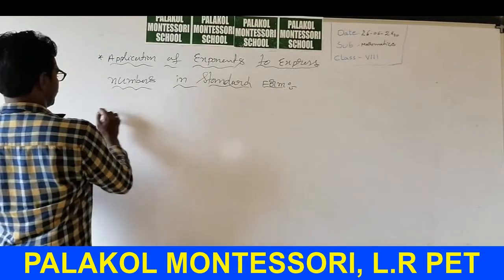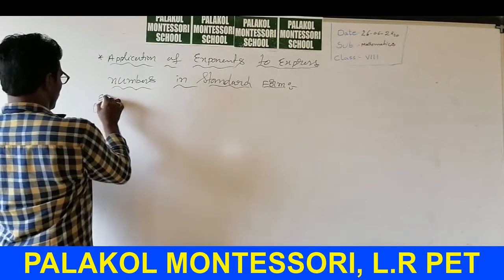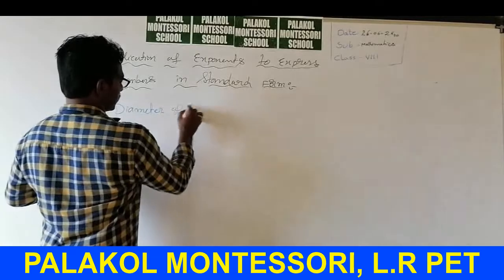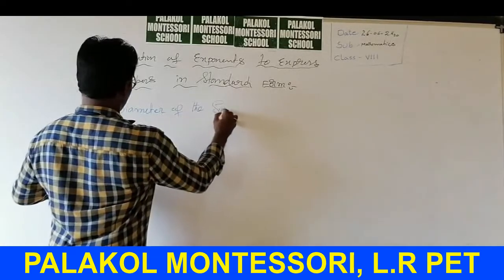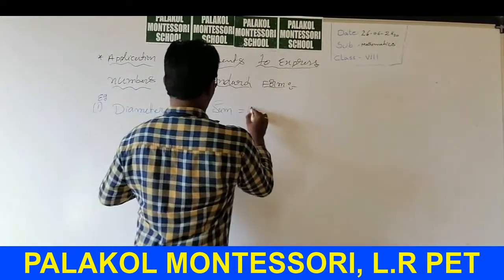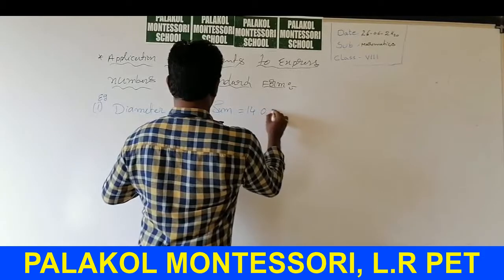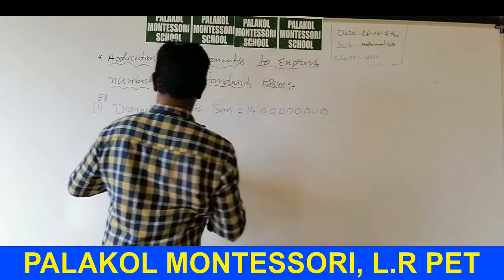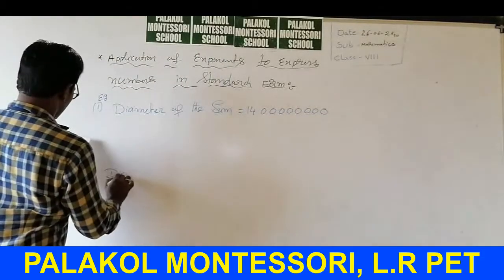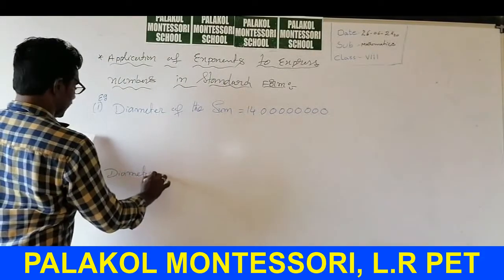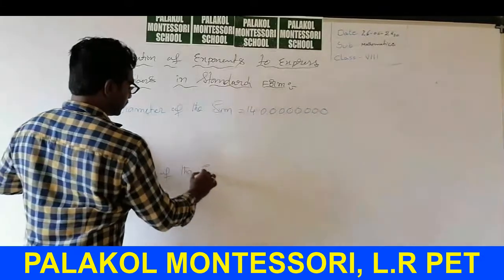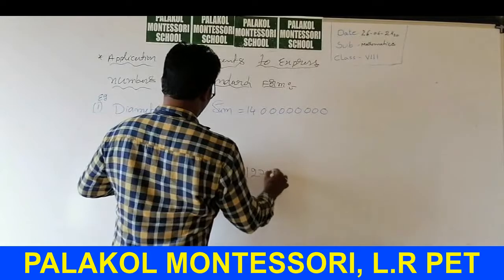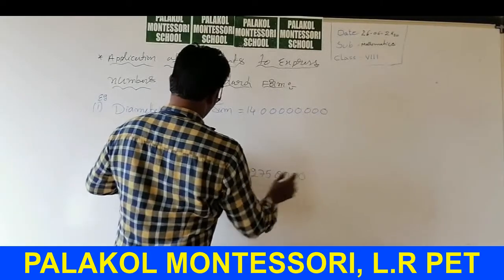diameter of the sun. First example: diameter of the sun is equal to 14 followed by 8 zeros. Next one, diameter of the earth, 1275000.